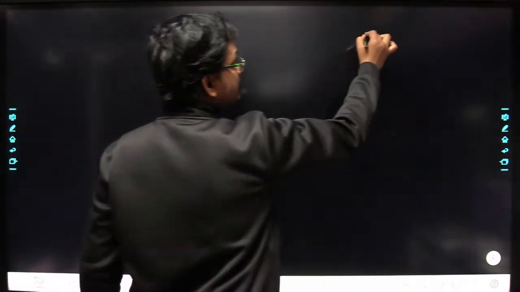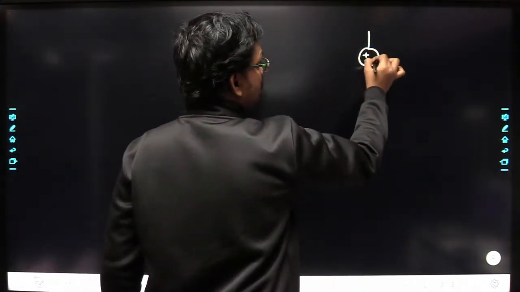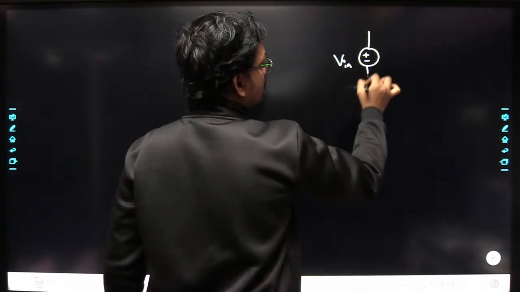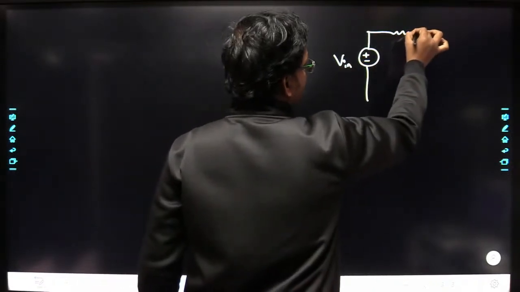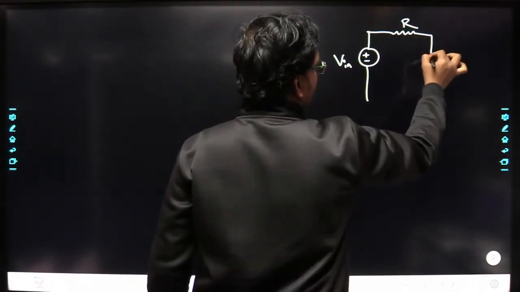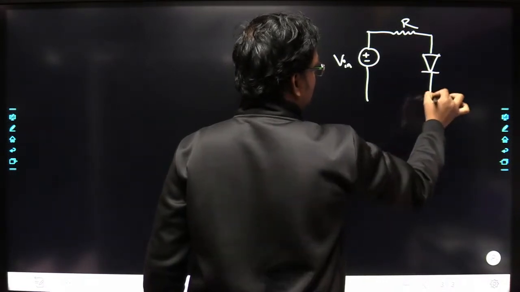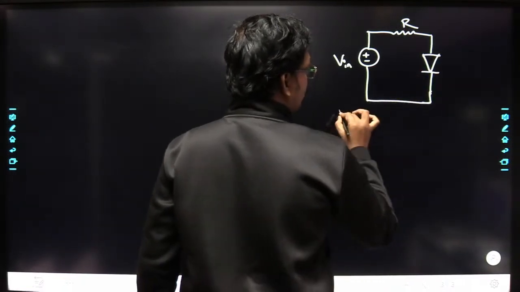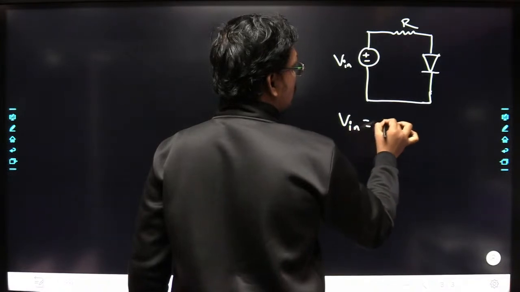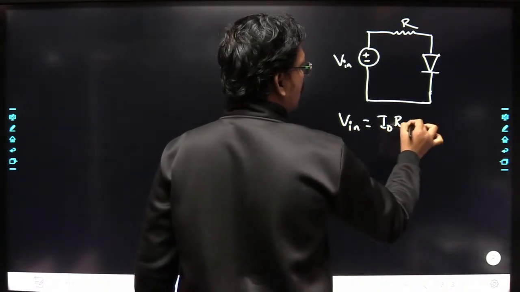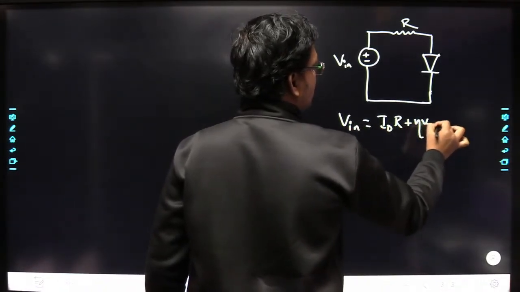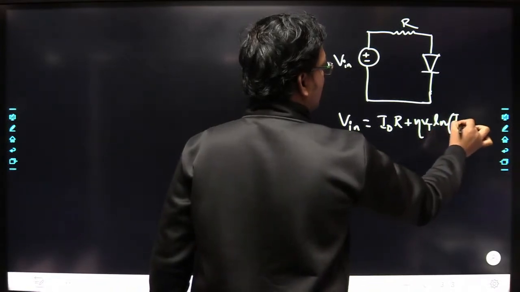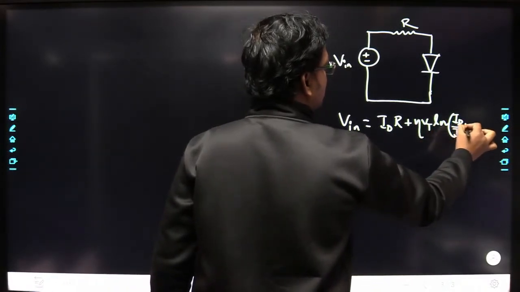We got the equation for this simple circuit: V in, with a resistor and a diode. We got V in is equal to ID into R plus eta Vt into ln of ID by I naught plus 1.